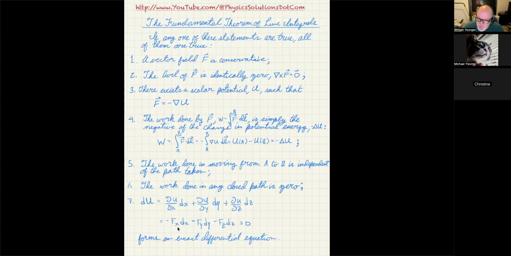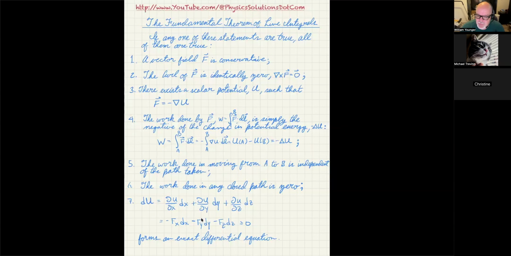So the reason I bring that up is because when you look at what the cross product is, it's us taking the partial of f sub x with respect to y and the partial of f sub y with respect to x and subtracting them. If I take the partial of f sub x with respect to y, then I'm really taking the second partial of u with respect to x and then with respect to y.